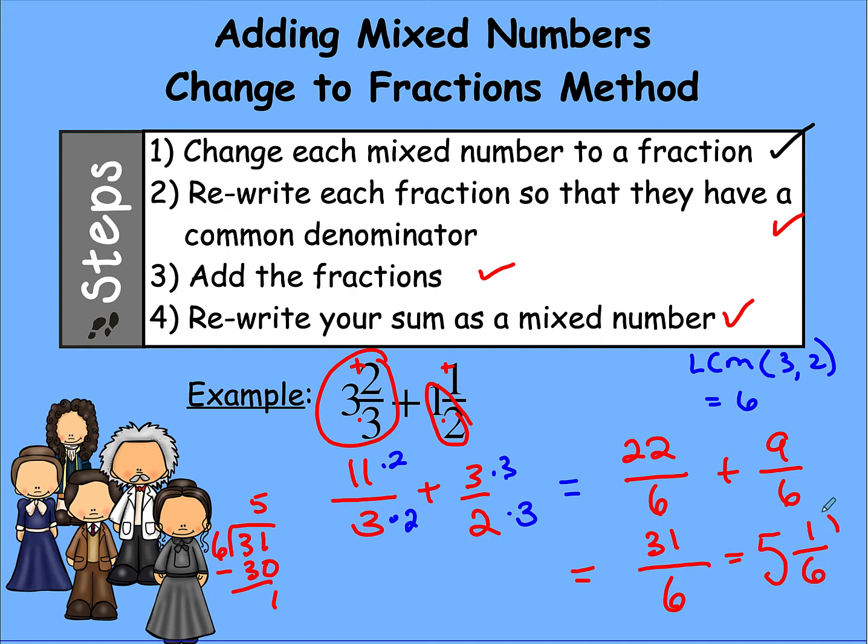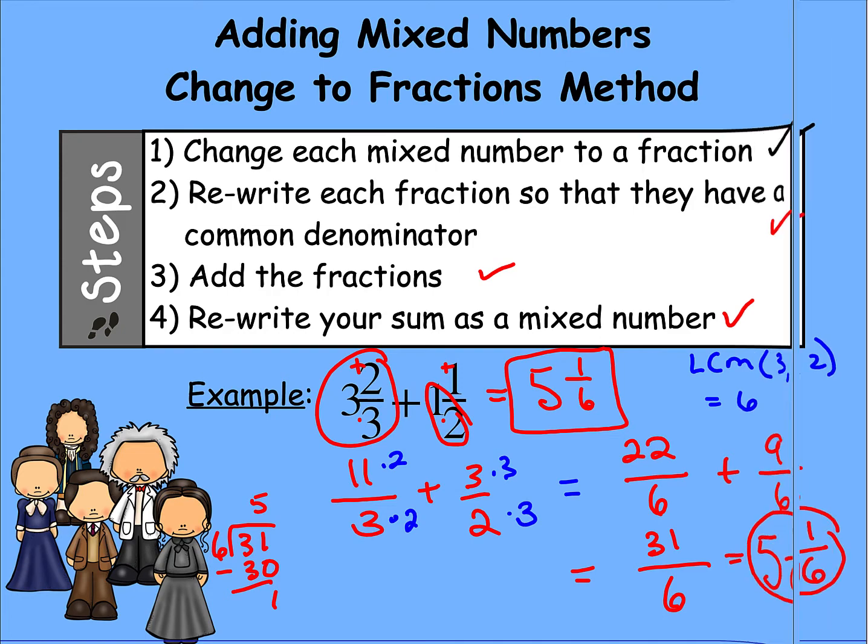Remainder is the numerator of the fraction. So the sum of 3 2/3 and 1 1/2 is 5 1/6. So just to reiterate, one possible method for adding mixed numbers is to not add mixed numbers, but to make them fractions with a common denominator and then add.